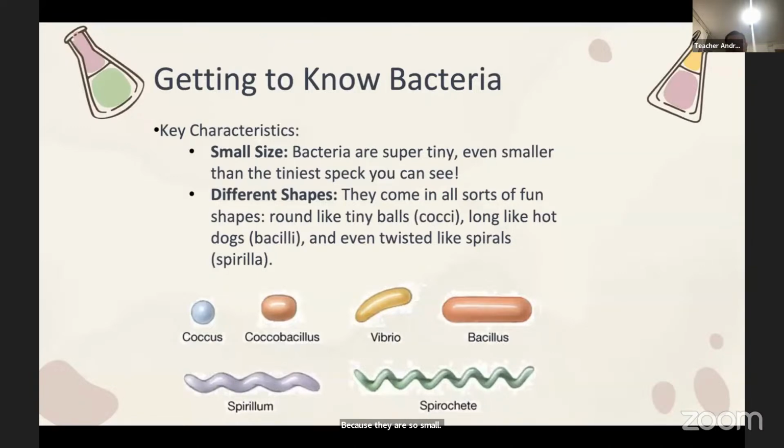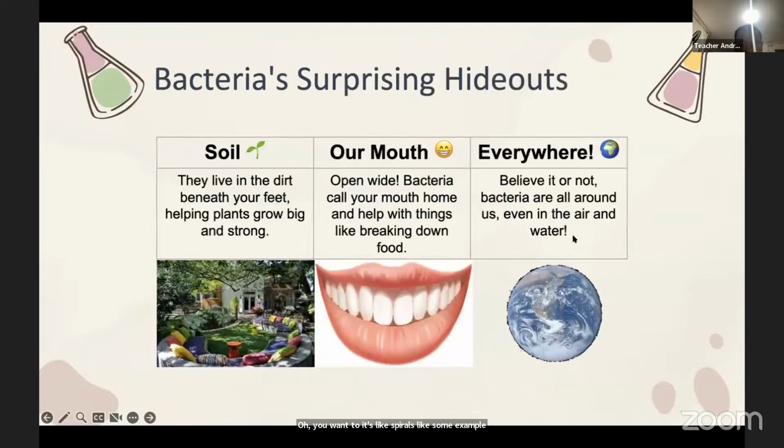And every bacterium has its own shape. They come in different shapes, like tiny balls, or long like hot dogs, or even twisted like spirals, like some examples here.